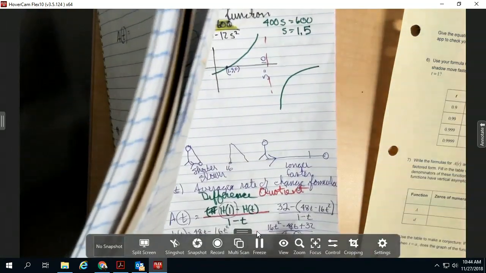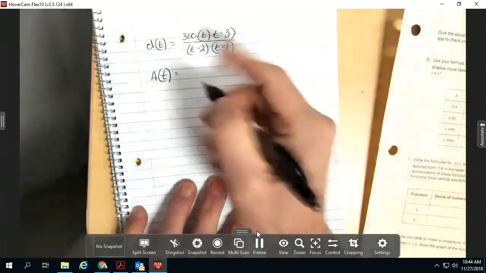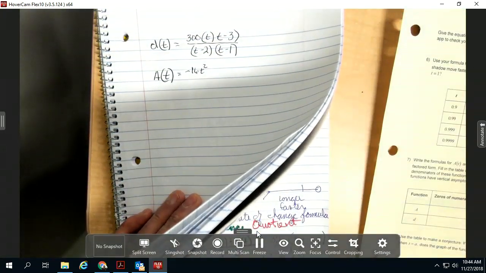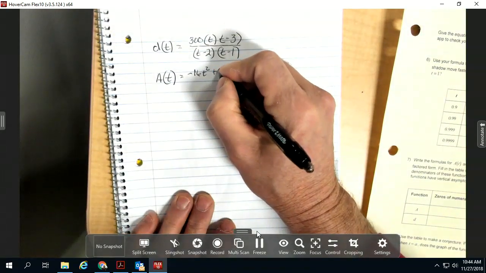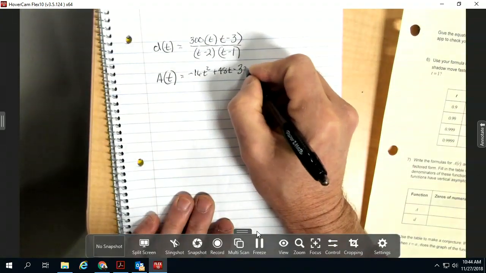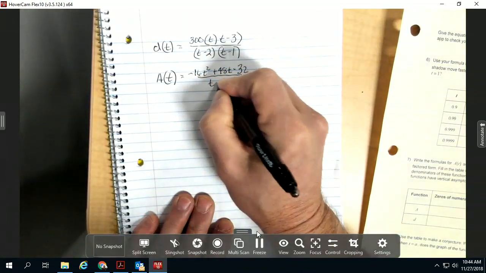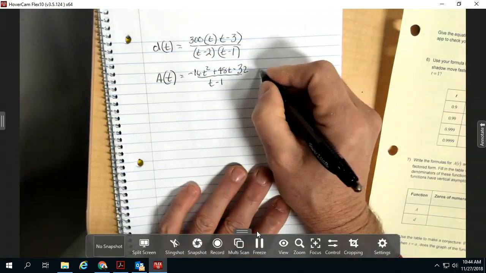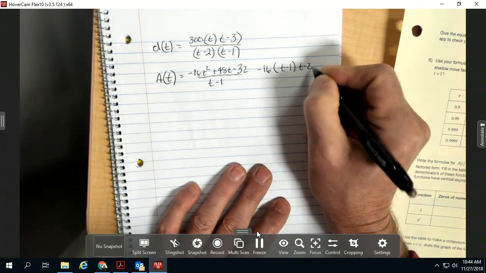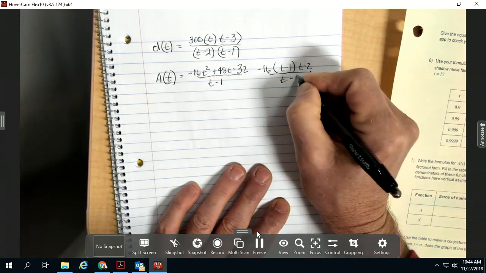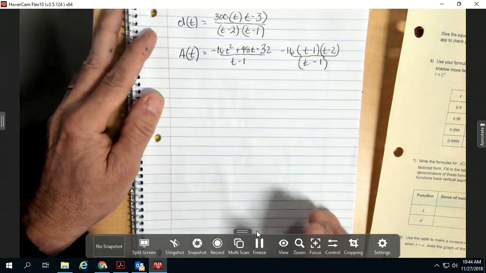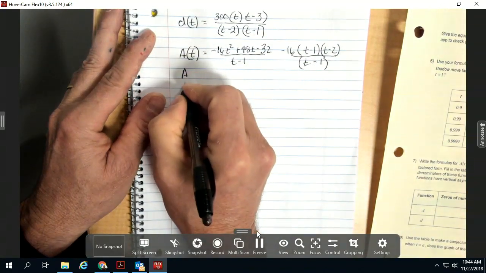A of t was negative 16 t squared plus 48 t minus 32 over t minus 1. Actually, let's write it in the factored form. Negative 16 times t minus 1 times t minus 2 over t minus 1. So those are our two functions, A, D.